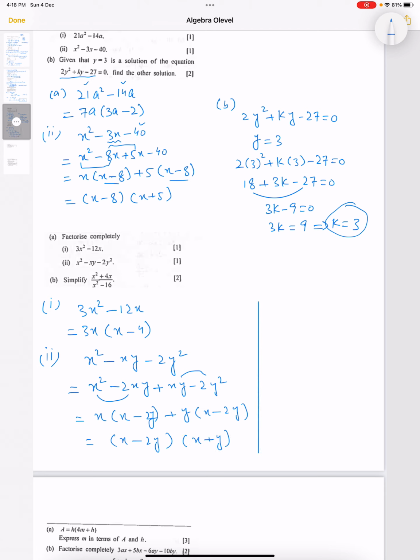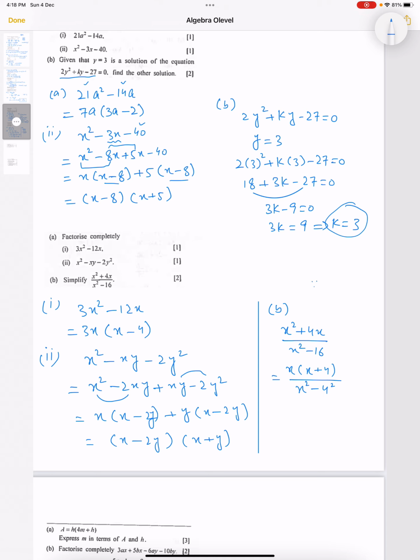Now b part, it is simplify (x square plus 4x) over (x square minus 16). So take x as common in the numerator, x into (x plus 4), but in the denominator, it's x square minus 4 square.